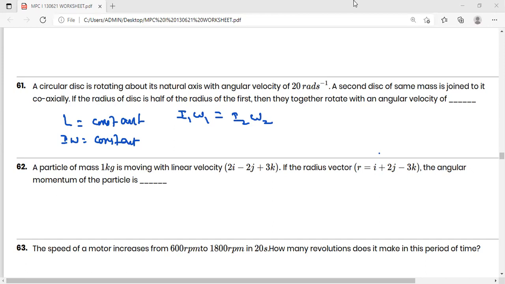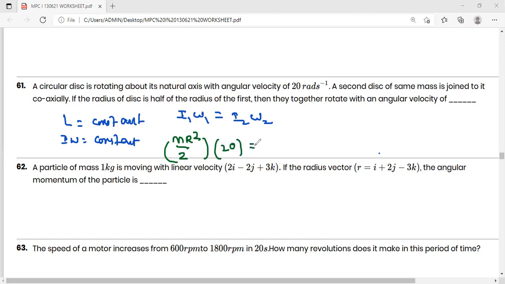Now, in the first case, what is the formula for moment of inertia for a single circular disc about its natural axis? The general formula we can write is mr square by 2 into omega, which is given as 20.